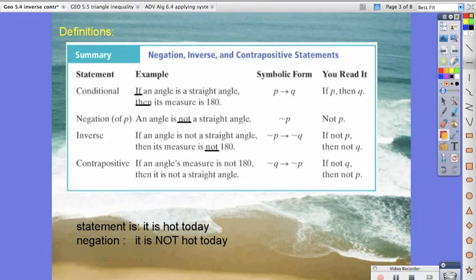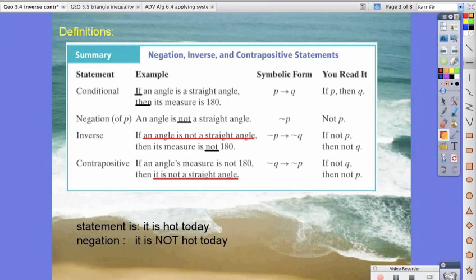The contrapositive is a switch or a reversal of the inverse statement. It's the same exact words, but we reverse the if and then statements. So I'll underline this in red: if an angle is not a straight angle, on the inverse, is the hypothesis, but in the contrapositive it appears as the conclusion and not the hypothesis.